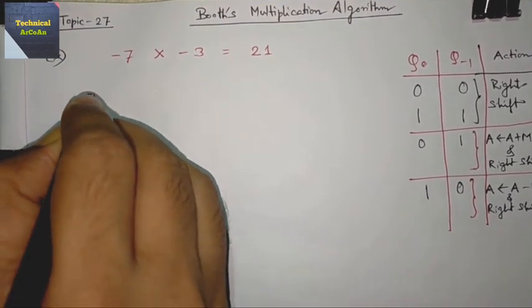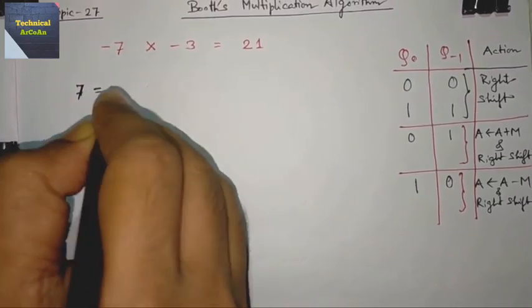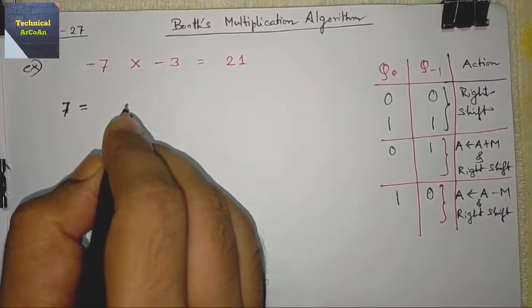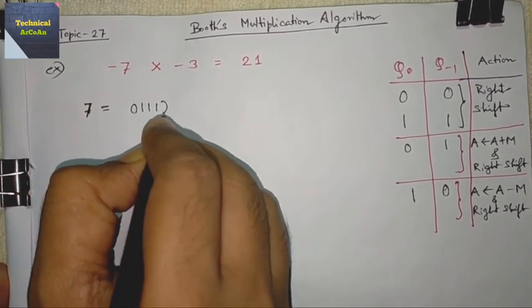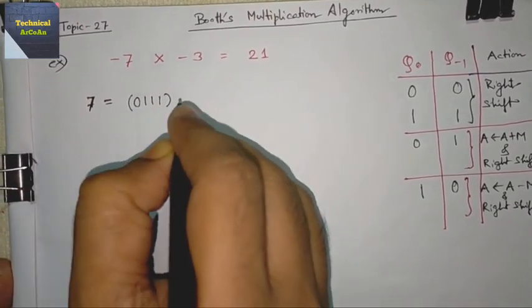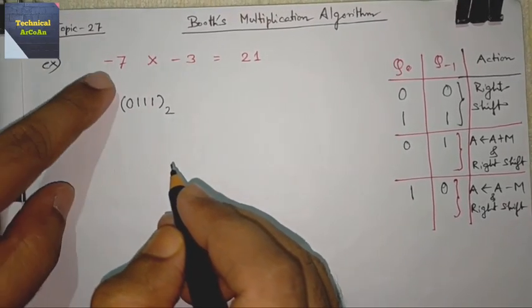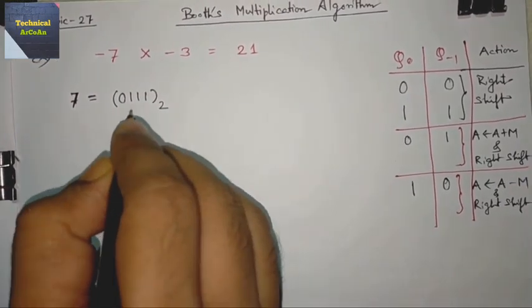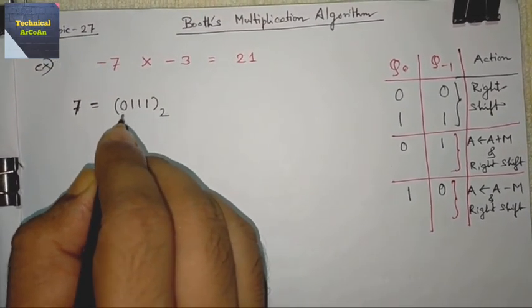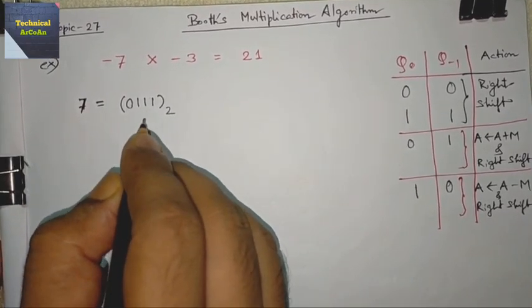For 7, that means plus 7, what is its binary representation? The binary representation will be 0 1 1 1. Clear? Now, the negative number we should represent in 2's complement. So 2's complement means we first do the 1's complement and then plus 1.